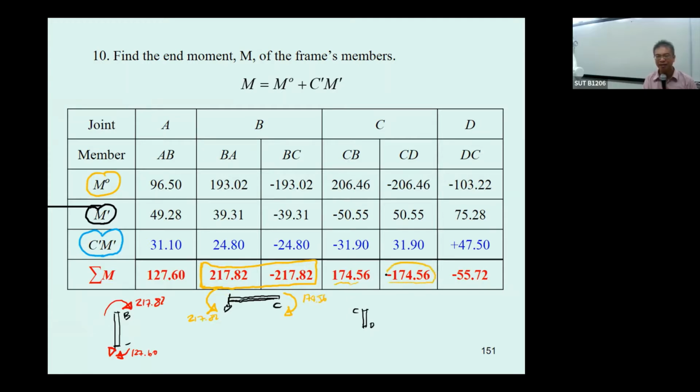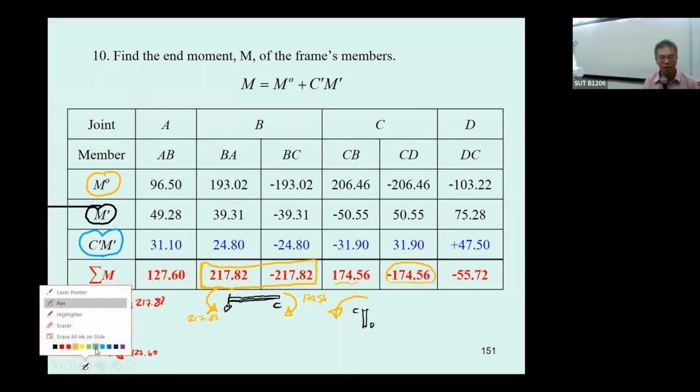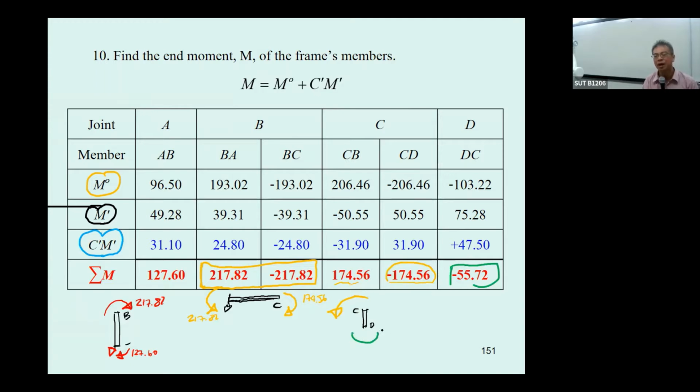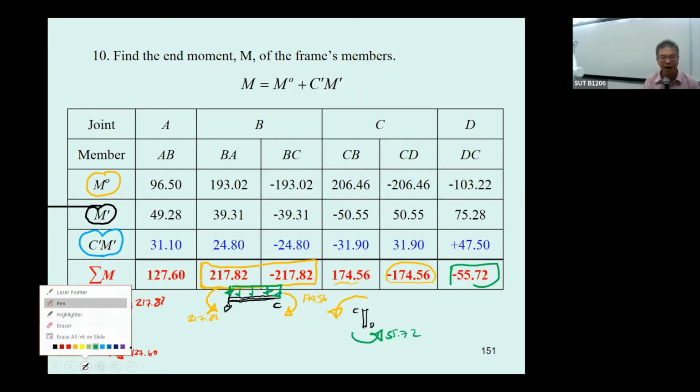Again, this is going to be the balance moment in the counterclockwise direction. And the last one that you see is going to be counterclockwise 55.72.